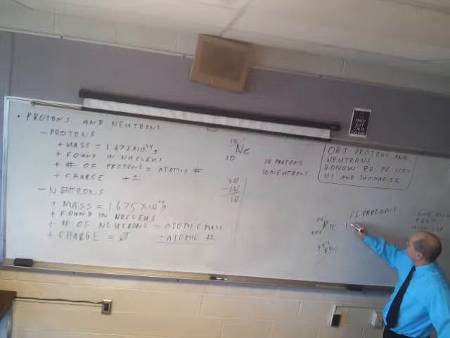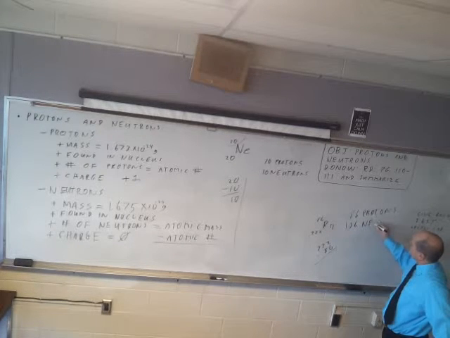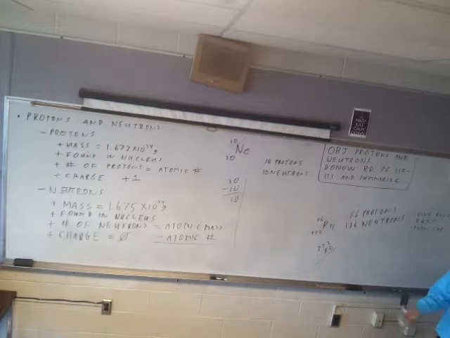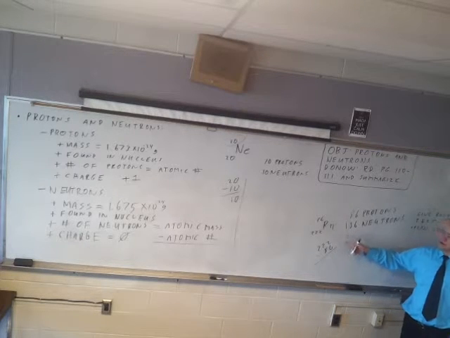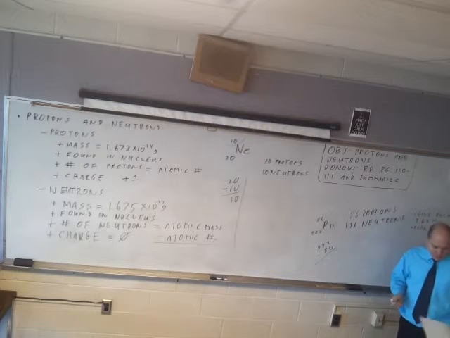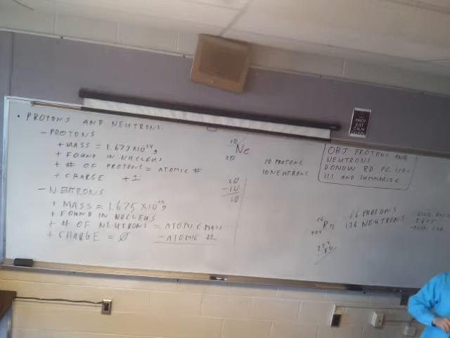Thank you. 136 neutrons. And so you'll notice this with the bigger numbers, they tend to have a lot more neutrons than protons. Usually the first 20 elements on the periodic table, they tend to be about a 1-to-1 ratio. With the bigger numbers, when you get into 80 or 90, you see about 1.5 times as many neutrons as protons. All right, questions on any of this?